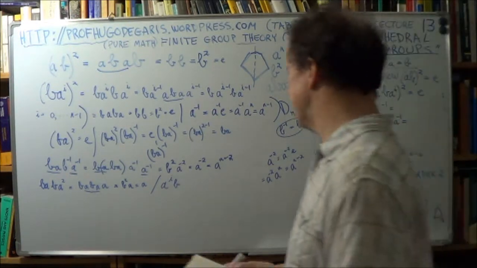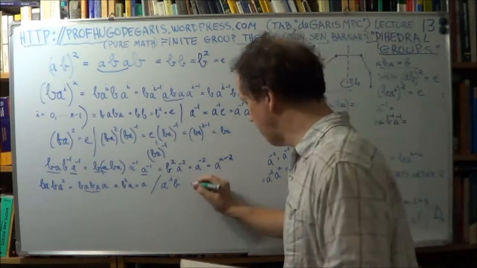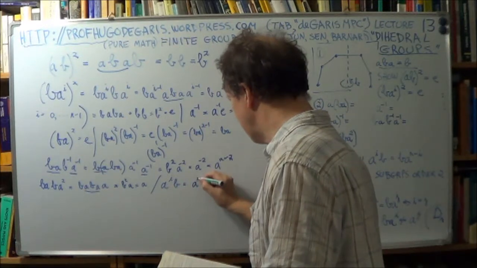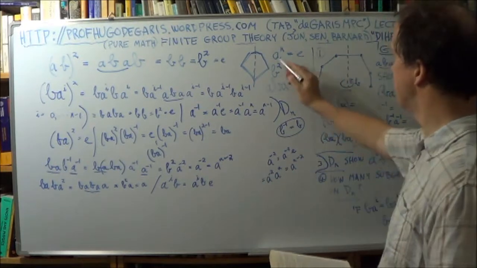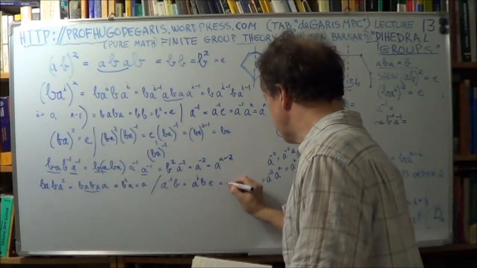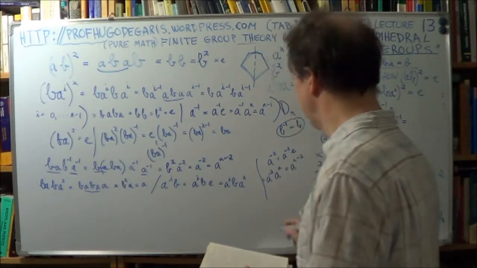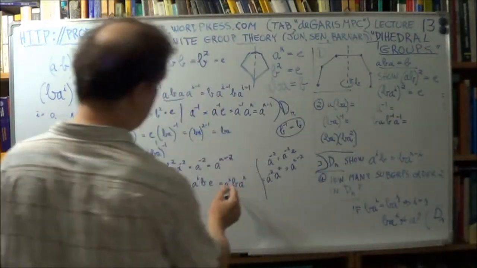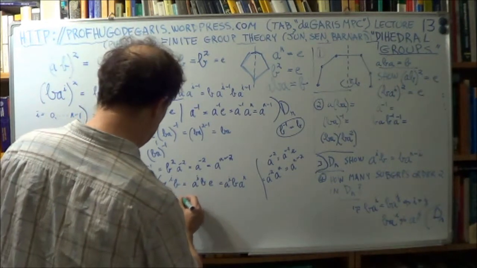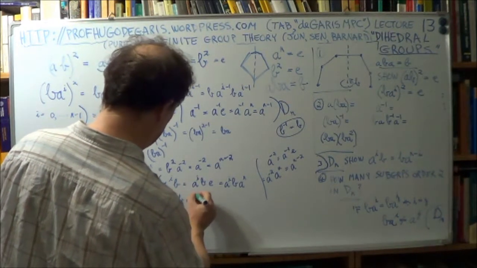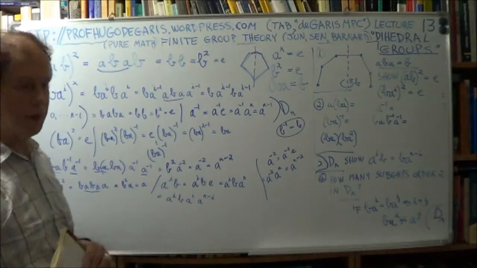Well, again, a trick. This is the same as A to the I B E. Okay, no change. But the E is A to the N. So that's A to the I, B, A to the N. Now we can rewrite this again as A to the I, B, A to the I, A to the N minus I. Make sense?